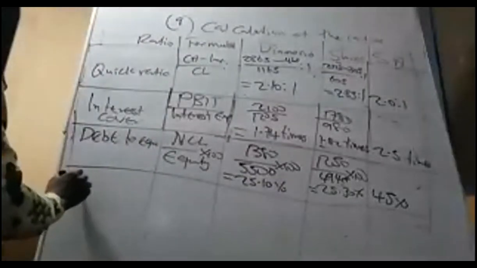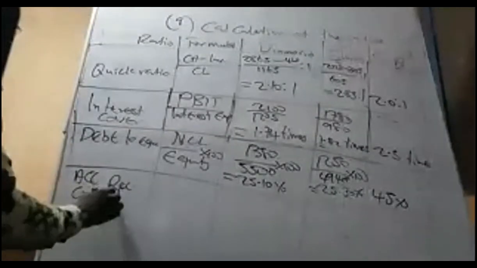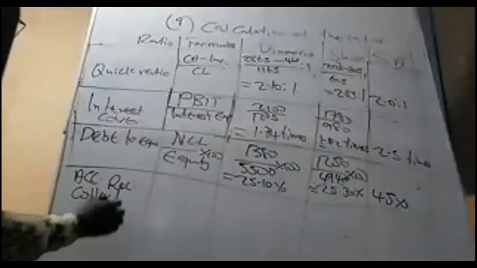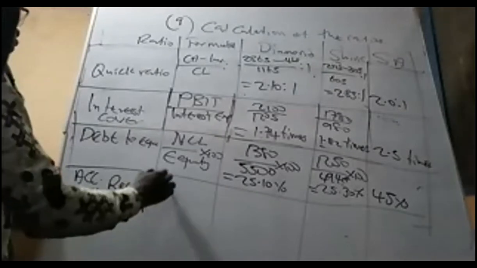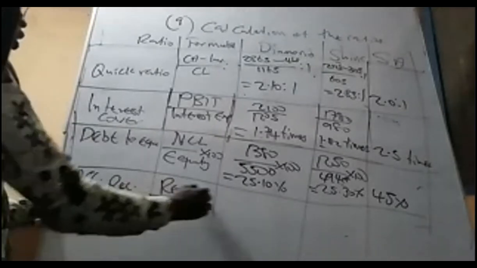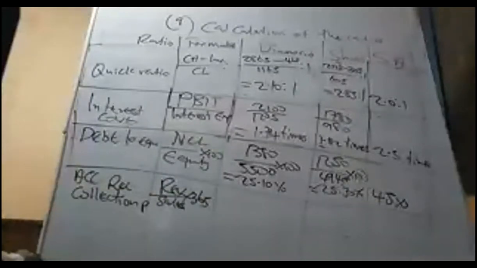So account receivable collection period, or days, is equal to the receivable figure divided by the sales revenue times 365.